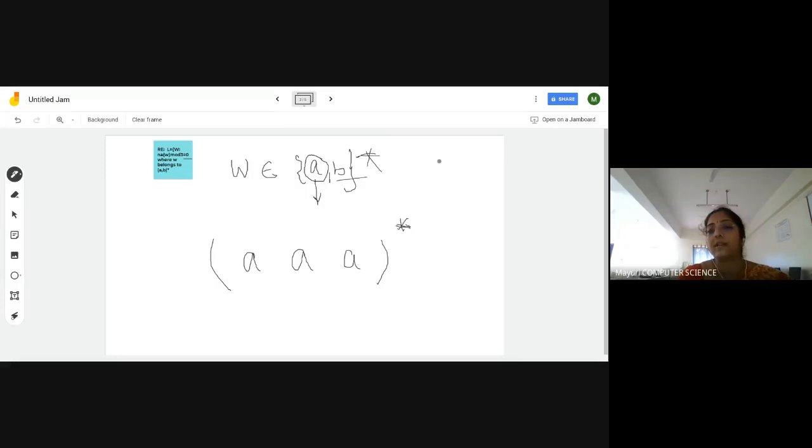You don't have a constraint like A power n, B power n. If that were the constraint, only A's would come first and after that only B's. But you don't have a constraint like that. It can start with A or with B.